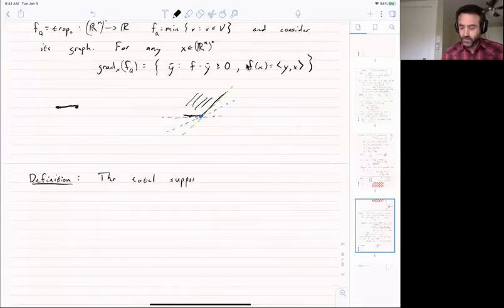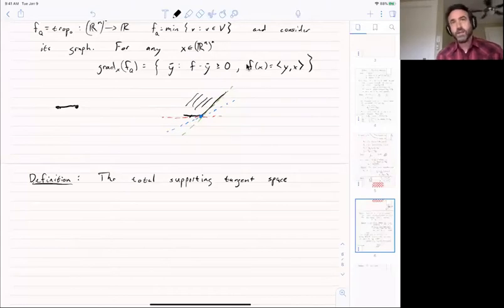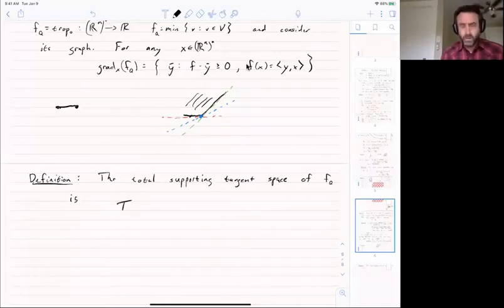We think of each of these elements in the gradient as being a supporting hyperplane. This is of f_Q, or the graph of f_Q.